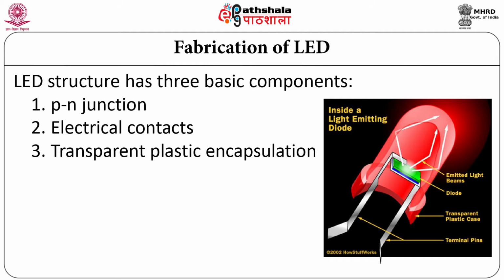Once a shallow PN junction is formed, electrical contacts are taken out from both the regions. The junction is then encapsulated in a transparent plastic medium. The plastic is molded into an approximate hemispherical shape. Other geometries are also available which improve the light emission direction and the conversion efficiency from electrical to optical.